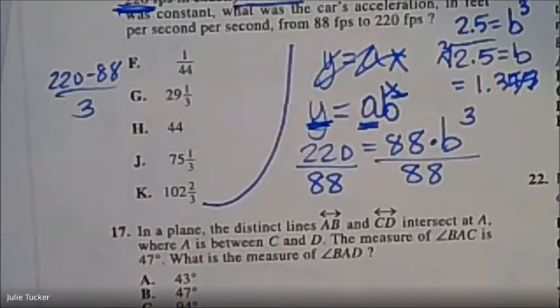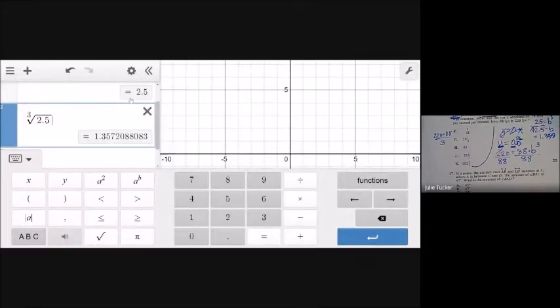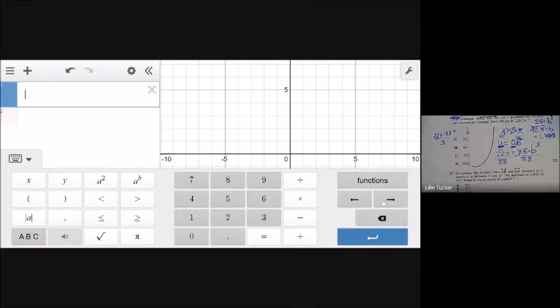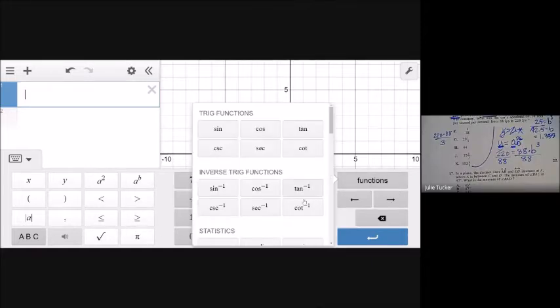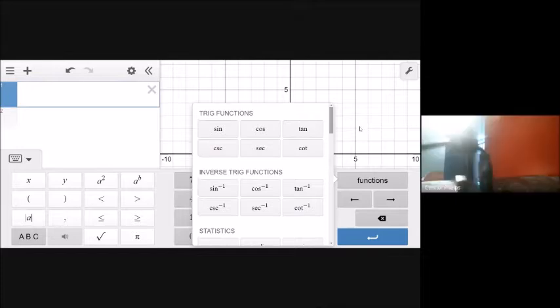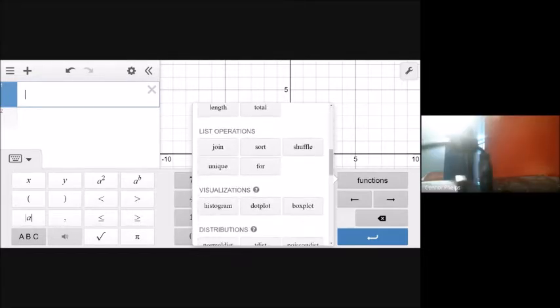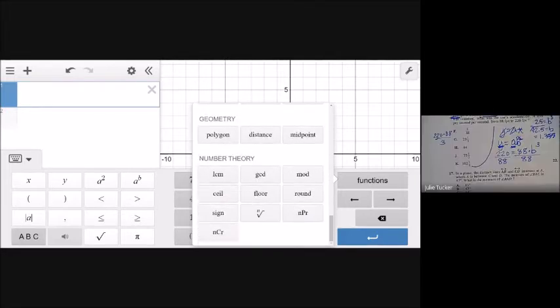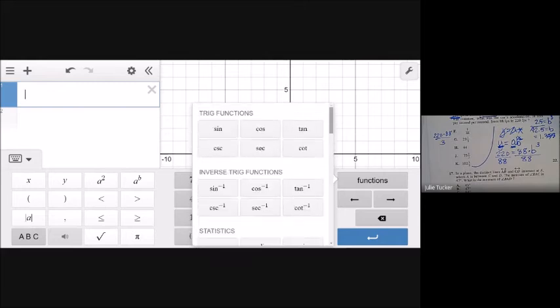Yeah. So I'm going to go back to Desmos and pull up fraction. I don't even know how to do a fraction on here.